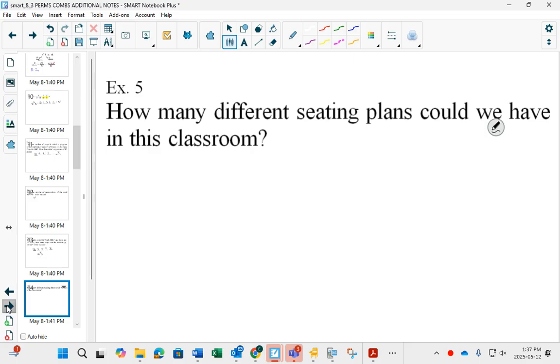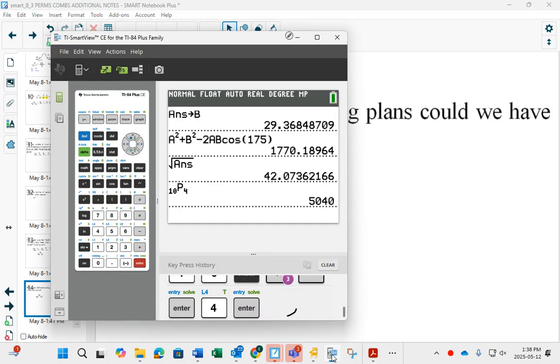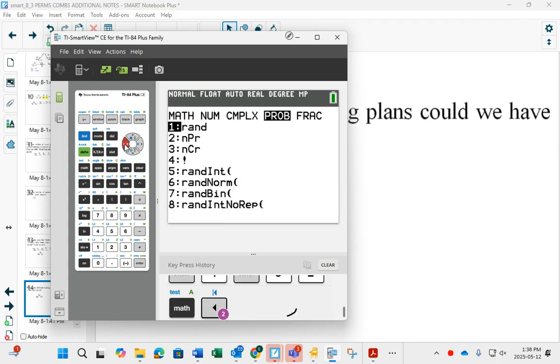There would be 29 decisions, so that's how many spaces there would be. How many choices for the first person? Any of the 32 spots. 32p29. Where if we type this into our calculator, it's going to be, I think, a scary big result. 32 math over probability.